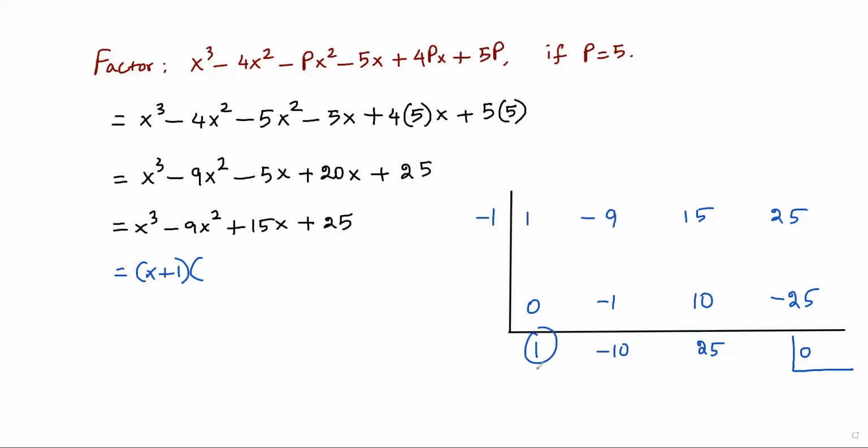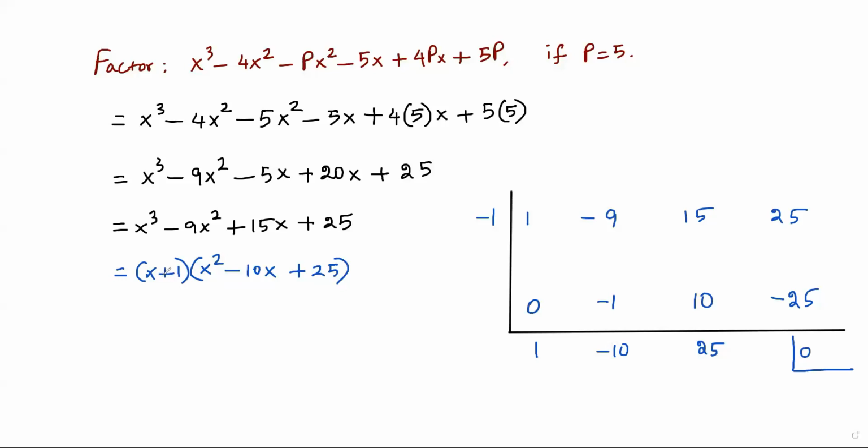That is, I have to write this 1 as the coefficient of x squared, and this negative 10 as the coefficient of x, and 25 is the constant term. So when I divide this cubic expression by this linear expression, the quotient is x squared minus 10x plus 25. Actually, the quotient is the other factor of this cubic expression.